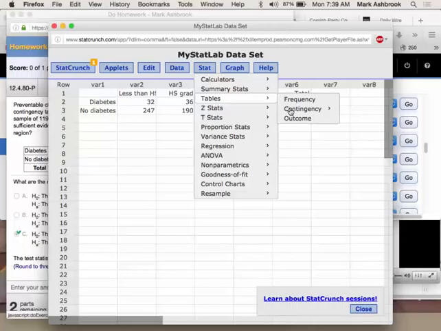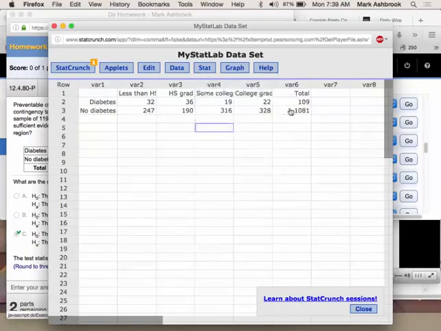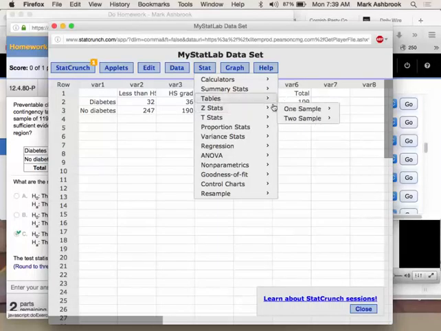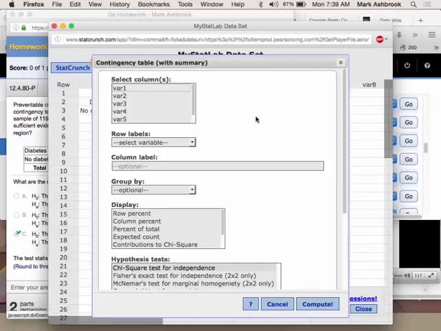Tables, contingency, with summary. Okay, so it's going to just take all the rows. If StatCrunch gave us a total row, then it's not going to know that. It's just going to think that's a third row of data. And that's what it did. So we got to get that out of there first, like I did. So it was 2 through 5, is that right?